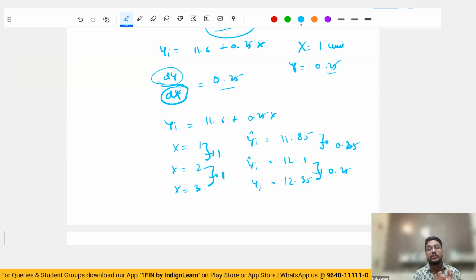This was with respect to the simple regression, or the linear regression, that we used to do in our previous level. But in level 2, we have multiple regressions. So now let's try to understand how the interpretation works in multiple regression.